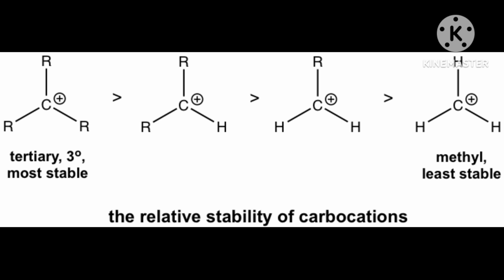Correct? Asymmetry means chiral. Here all four are different. That's why here E is non-superimposable on its mirror image.